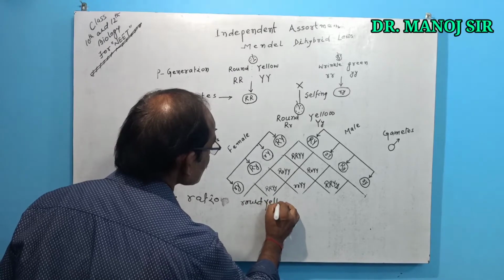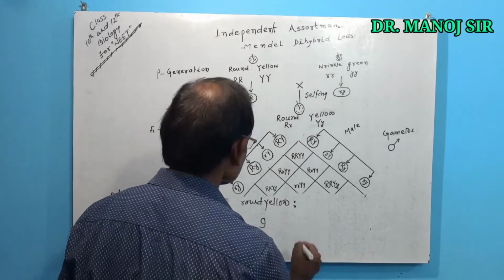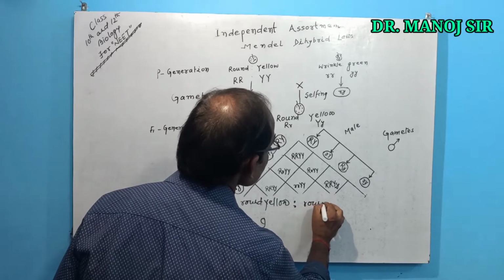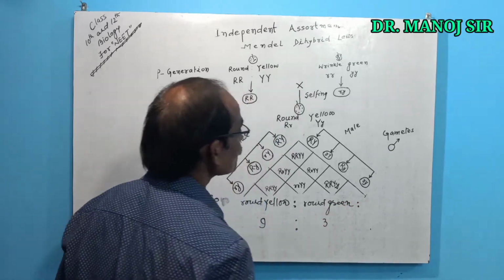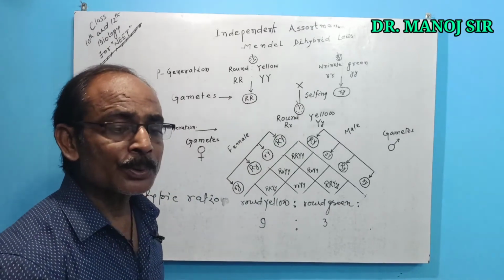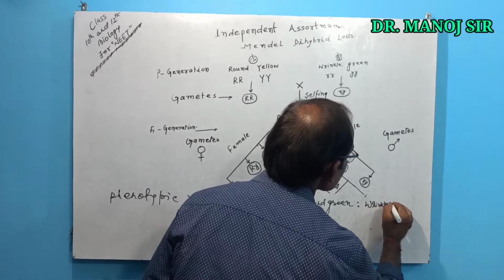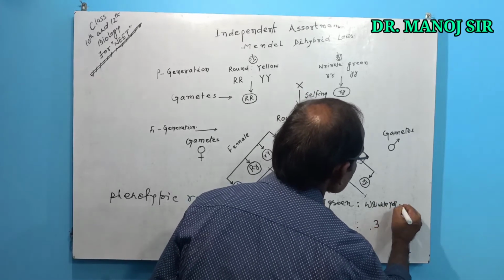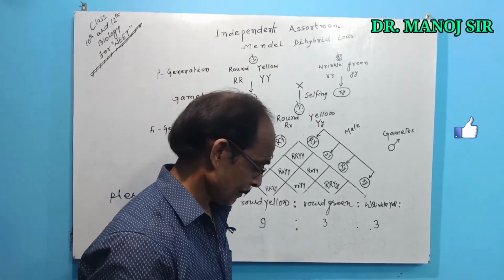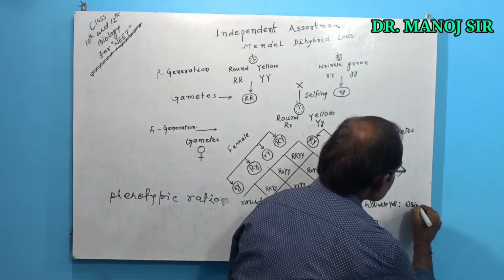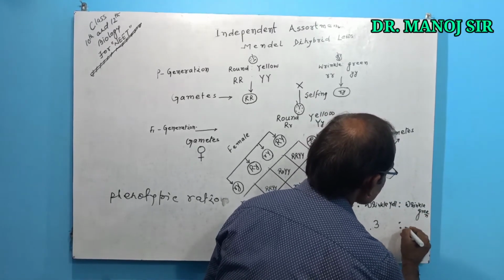round yellow 9 is to round green 3 is to wrinkled yellow 3 and wrinkled green 1.